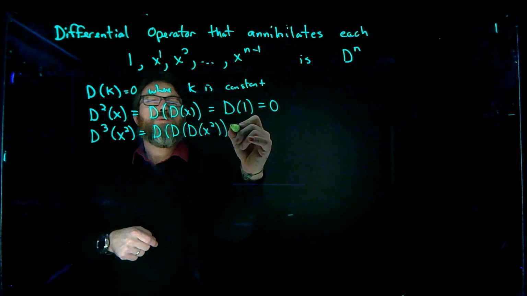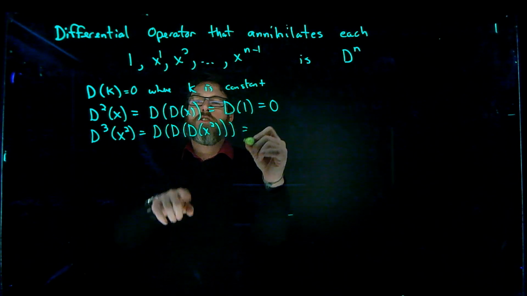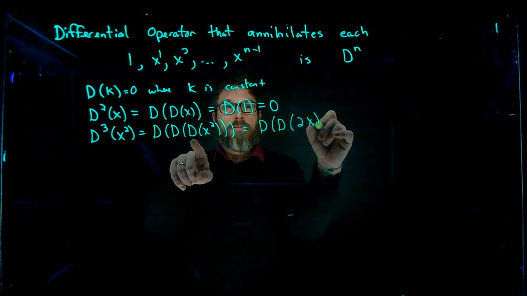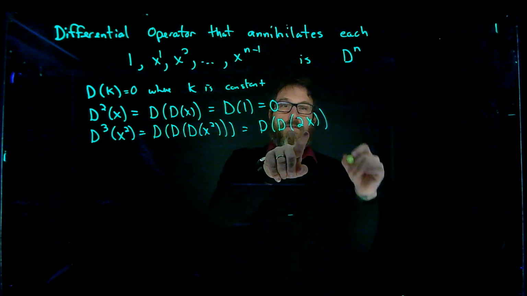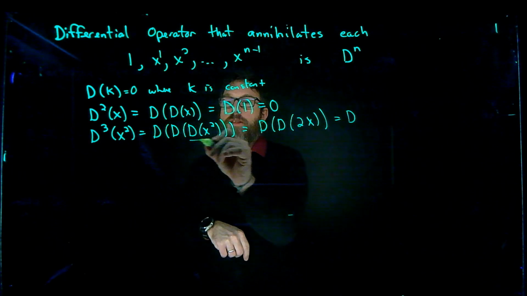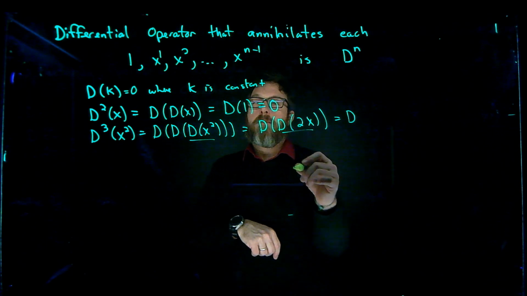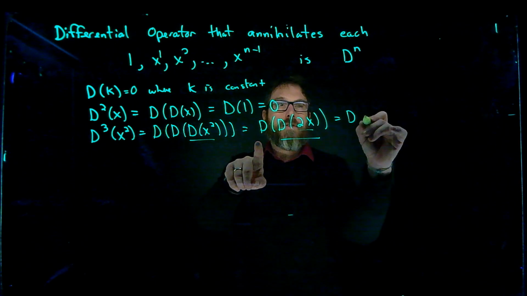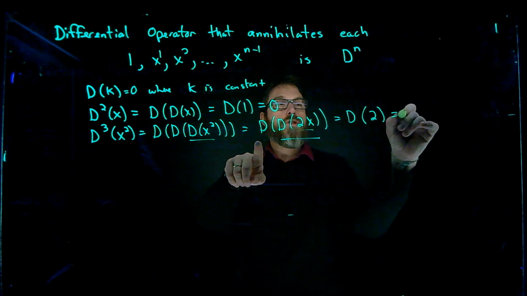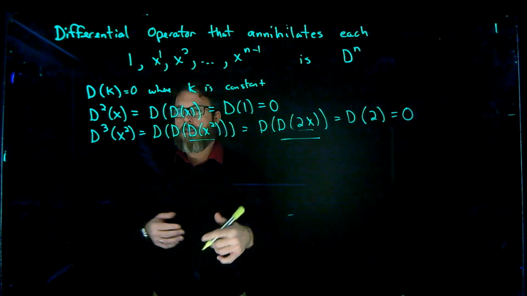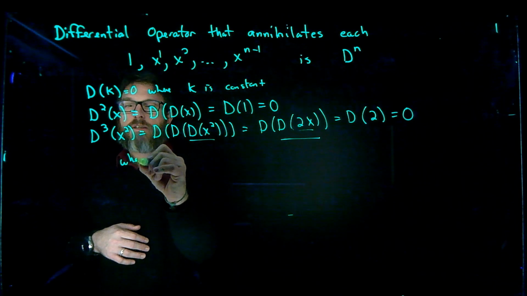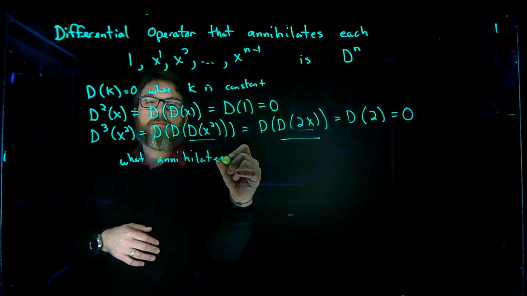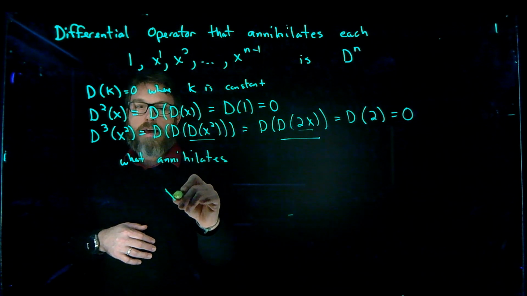Working through this, the first derivative is 2x. Then the derivative of 2x is 2. And finally, I'm going to have to take this thing's derivative, so this is the derivative of just 2, which is equal to 0. So finally, let's ask a question like, what annihilates, say, a x to the 7th?